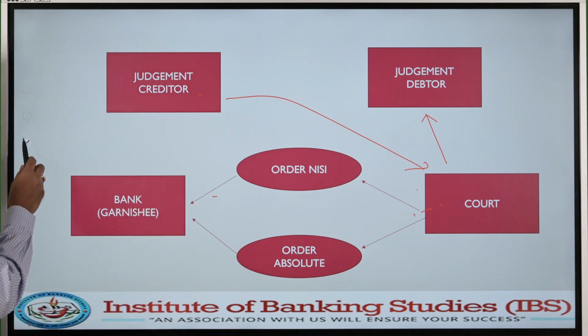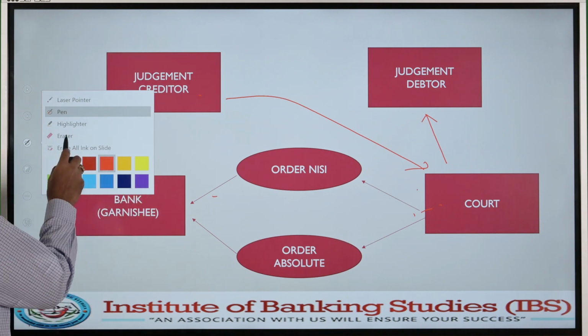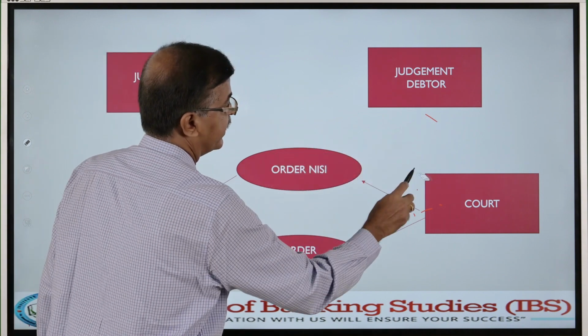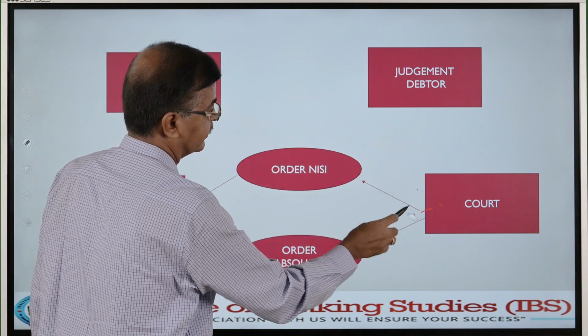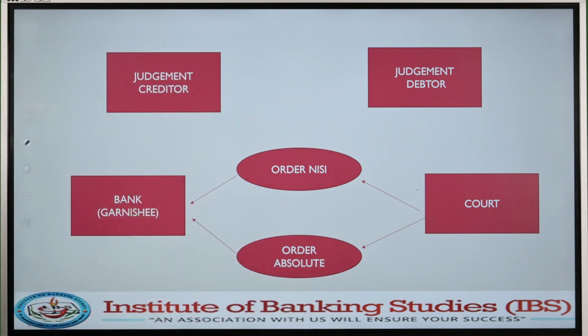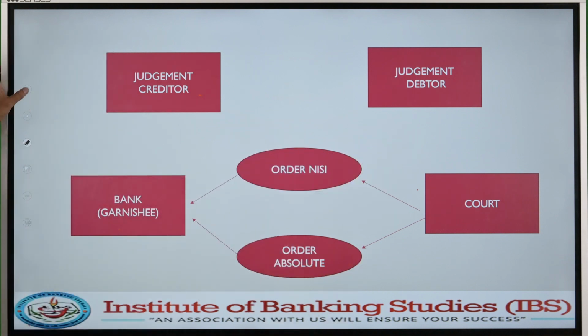This way, the garnishee order will apply. We will see certain provisions in this garnishee order, and here we call the creditor the judgment creditor and the debtor the judgment debtor.